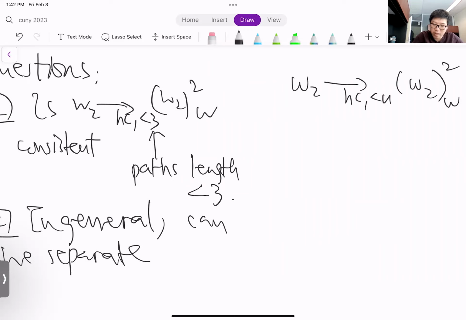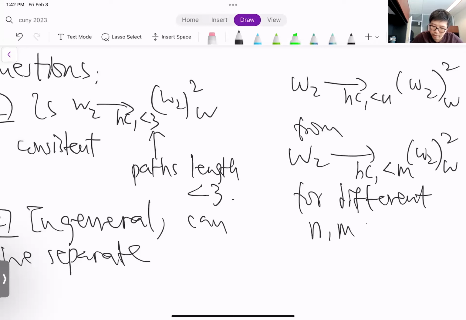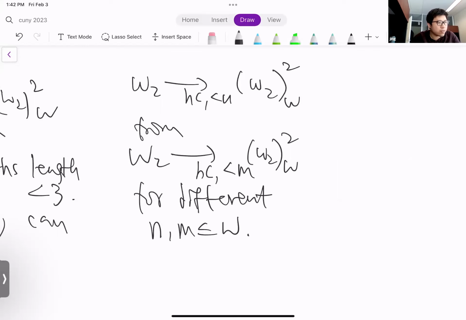Again, this is saying that the witness of the highly connectedness of the graph should have all the paths of length less than n, from omega 2 HC less than n, omega 2, for different n and m less or equal to omega. So does it make a difference? In the case of 3 and 2, there are models that distinguish them. But what about other values of n and m?